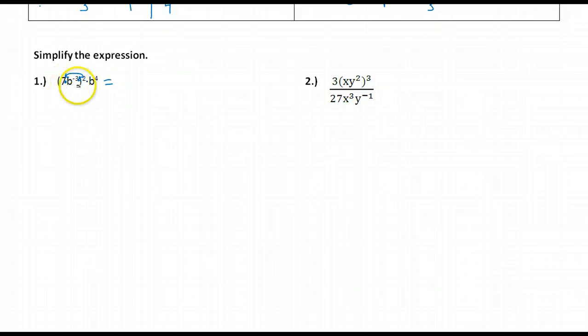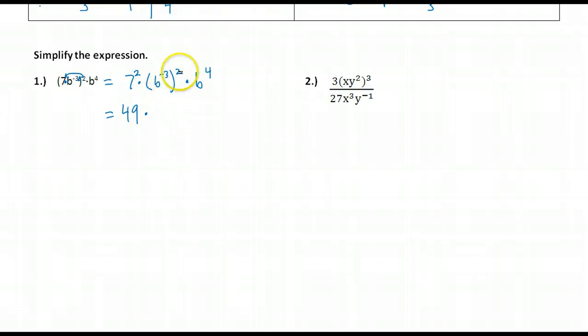So when I distribute this second power, I'm left with 7 squared times b to the negative 3rd power squared times b to the 4th. 7 squared is 49 times b to the negative 3rd power to the 2nd power.